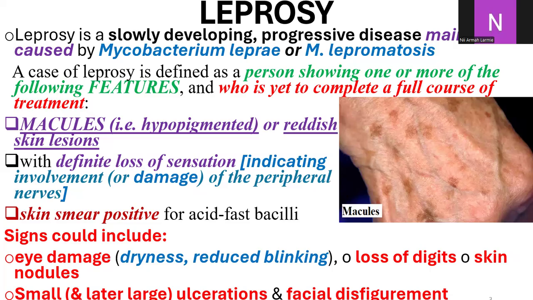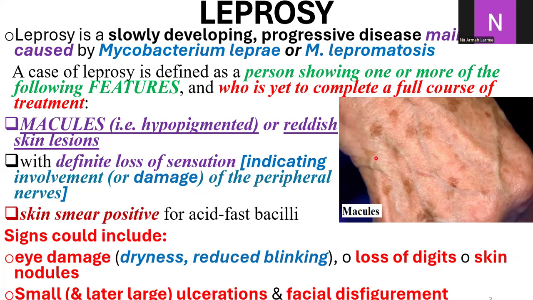So actually, a case of leprosy is defined as a person showing one or more of the following features. First, a patient showing macules, which are these hypopigmented areas or skin lesions.